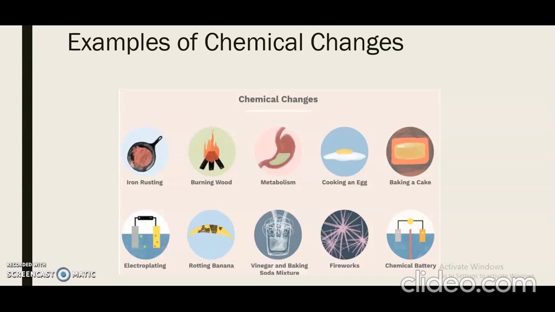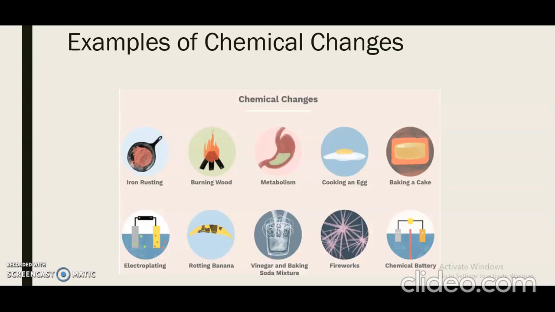But when you bake these raw ingredients, they change into a soft, fluffy cake. So these two substances are totally different. The physical properties have changed and a chemical change has taken place. So this is a chemical change.